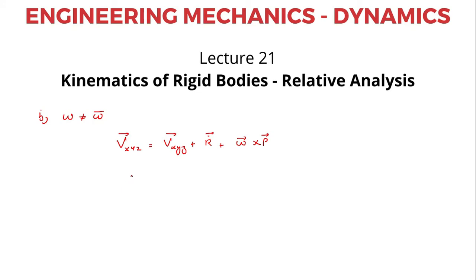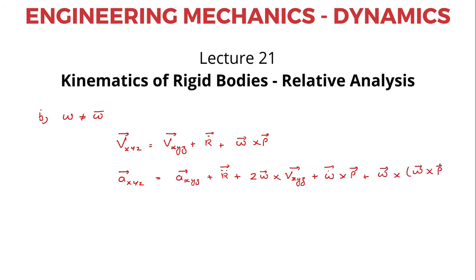This was the equation for velocity, and the equation of acceleration was a capital xyz vector equal to a small xyz vector plus r double dot plus 2 omega vector cross v small xyz plus omega dot cross rho vector plus omega vector cross omega vector cross rho vector.